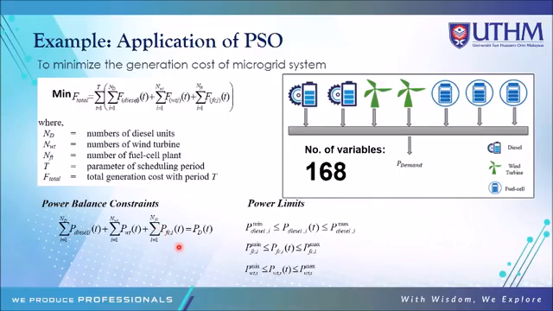Sometimes you have an equality constraint, in some cases an inequality constraint, but in most cases that I found in optimization problems, they have a combination of equality and inequality constraints. Once you determine the problem, the objective function, the variables, and the constraints, then you can apply the optimization algorithm.